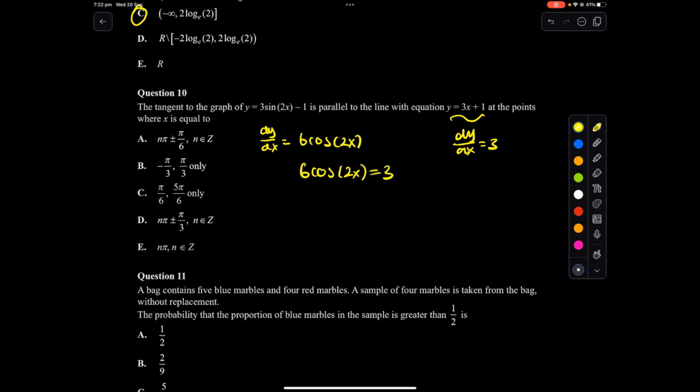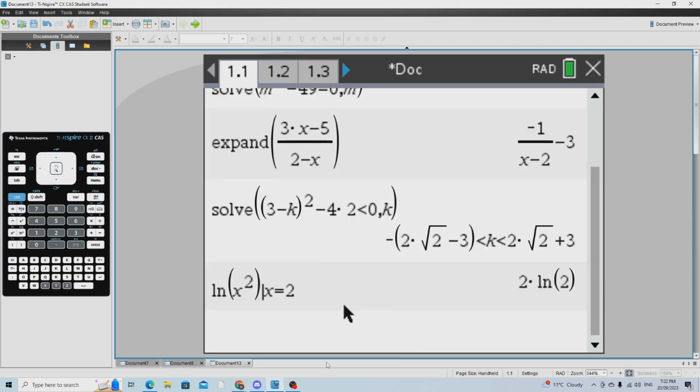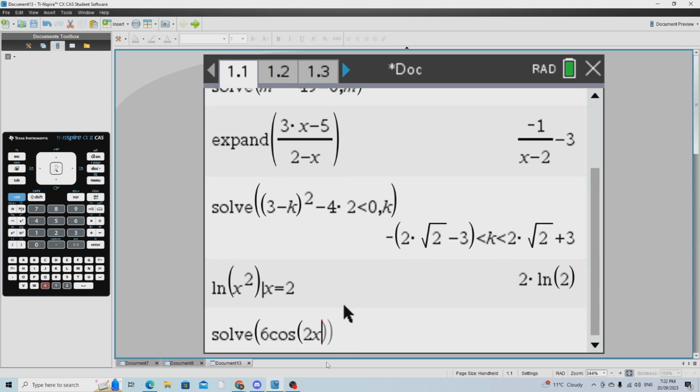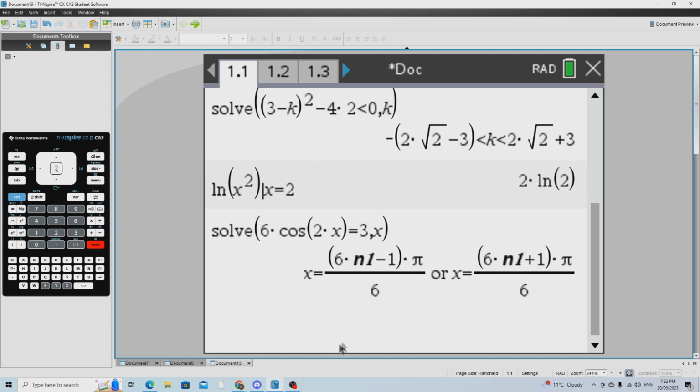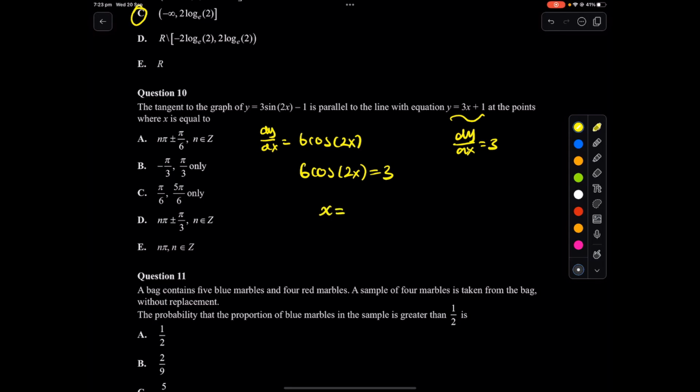Equating both of them, it's just 6 cos 2x equals 3. Now because it's a general solution, I'm just going to use my calculator. So I'm going to say solve 6 cos 2x equals 3, comma x. And we get these two general equations. Now, what do we see? Well, we can see that they're the same thing, but they just have a plus or a negative here. So let's just write them down. So we can just set them as x, 6n plus or negative 1 pi over 6.